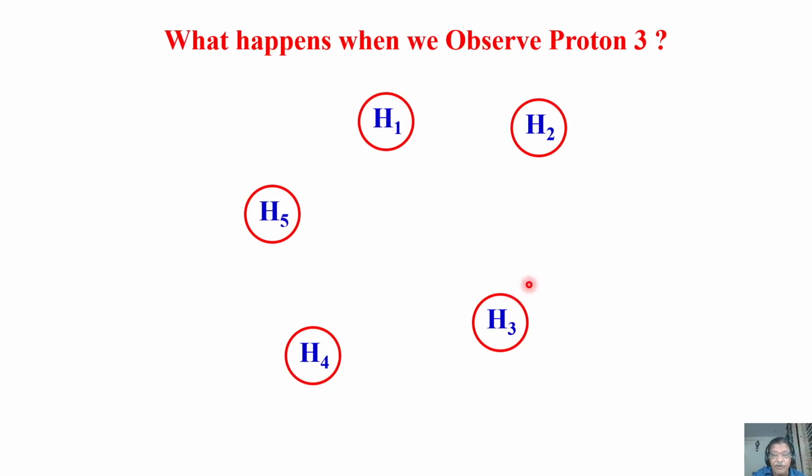Now, what if I am looking at the chemical shift of this proton in the spectrum? What are the couplings we are going to see? Coupling of passive spins with the active spin. That's what you are going to see here, like what I said for the earlier proton.